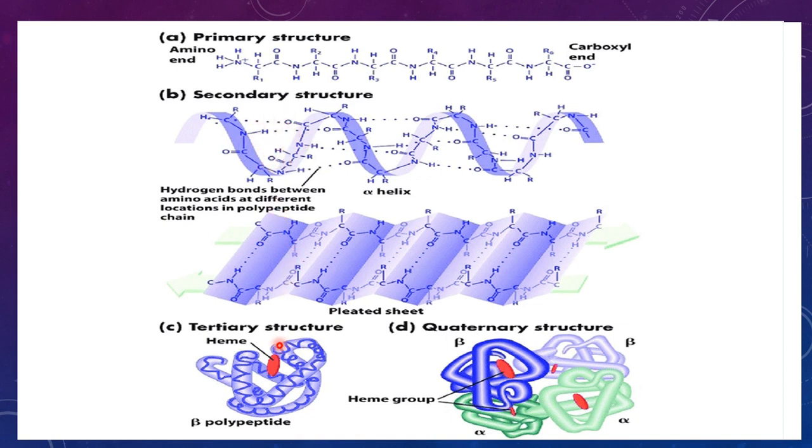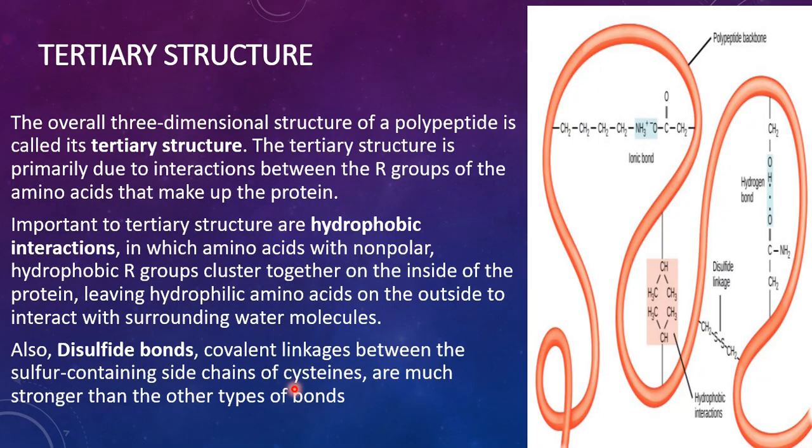And then coming to the tertiary structure, it gives the three-dimensional structure of a protein, and the tertiary structure is stabilized by several types of bonds. I told you that in the secondary only hydrogen bonds are involved, but in the tertiary we already discussed a few bonds like disulfide bonds. Here you can see ionic bonds, hydrogen bonds, disulfide bonds, hydrophobic interactions.